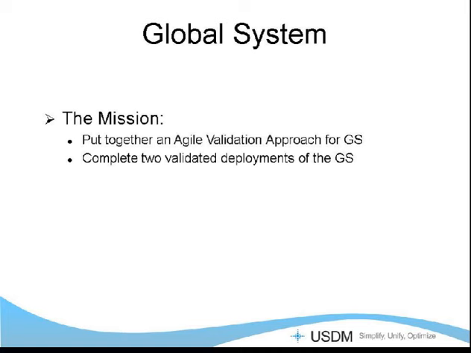And then we had a validation team and a quality group that was very familiar with validating software development, but had never really been involved in an Agile development project. So the idea was we're going to put together a way to do this.